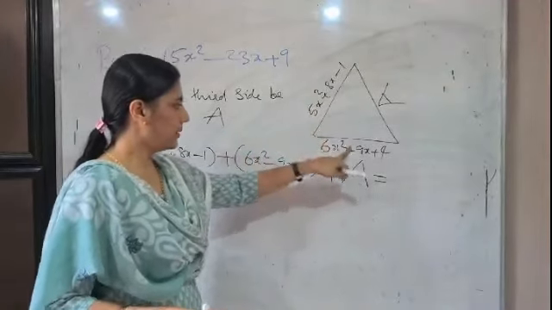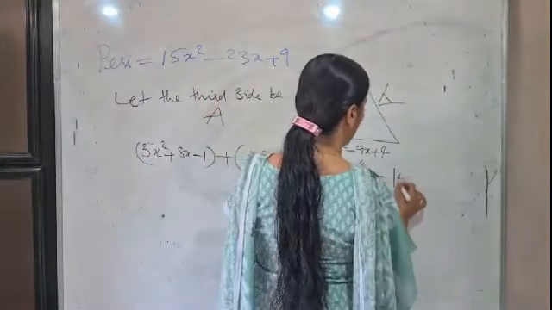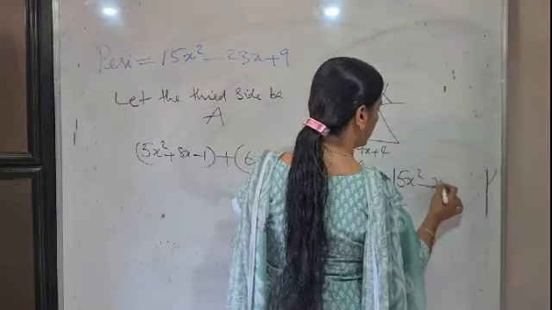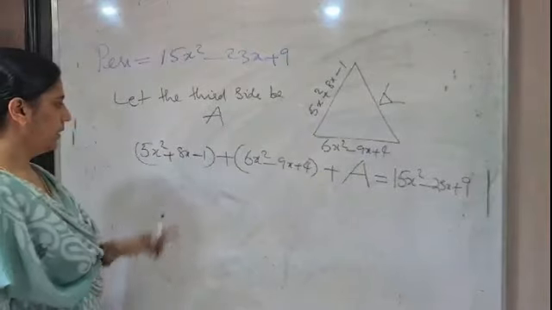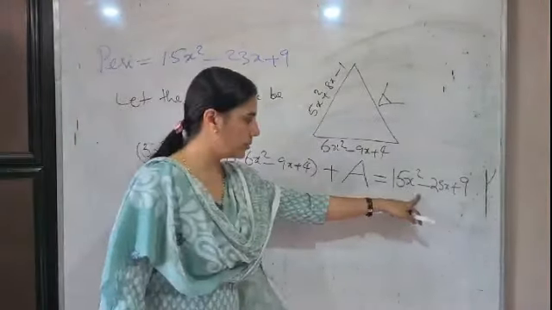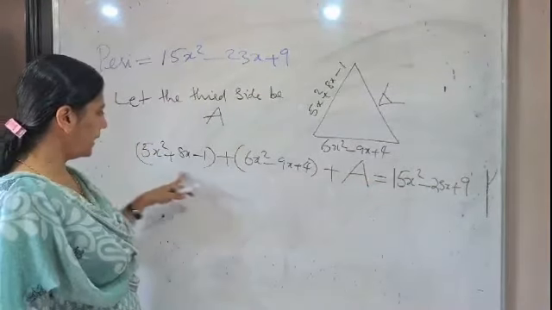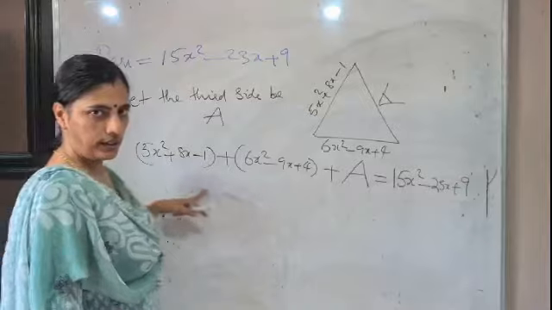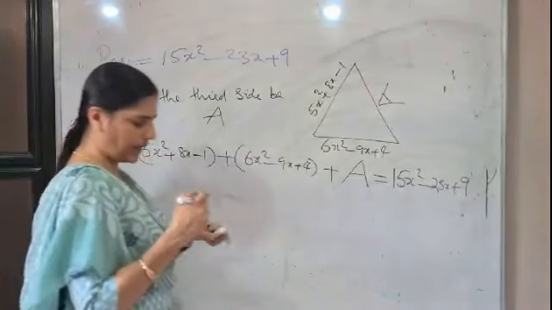So this side plus this side plus this A will be equal to the perimeter, 15x square minus 23x plus 9. Clear? So you add these two, that plus A equals this one. So to get A, you have to subtract the addition of these two. Clear? Now it's very easy. Now we became the experts.